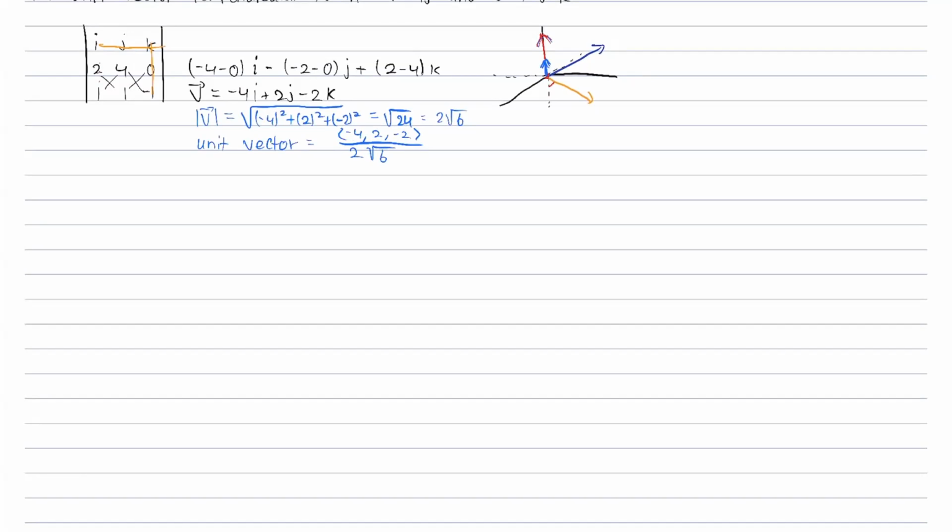So you can just distribute this 1/2 into that vector. So divide by square root of 6 times negative 2i plus j minus k. There we go. That's our answer.